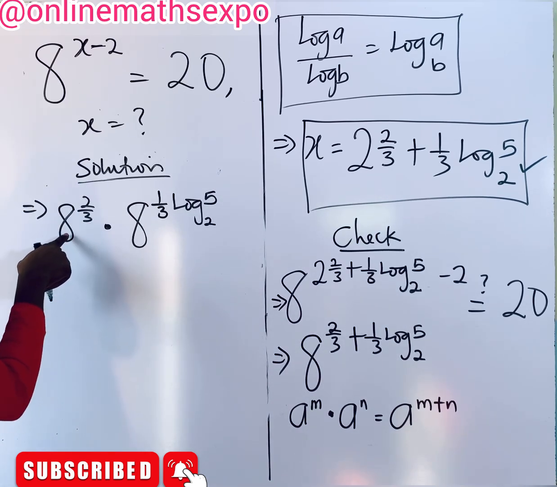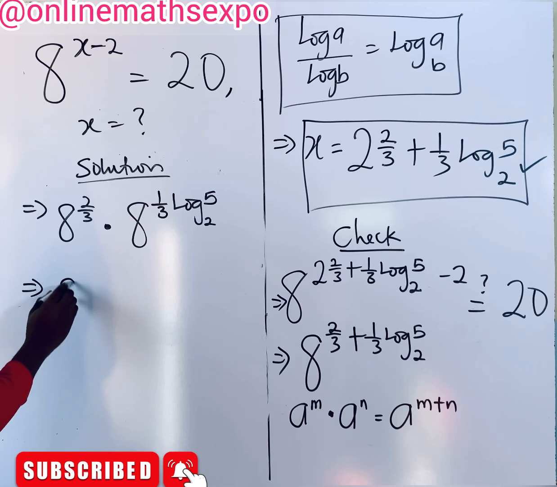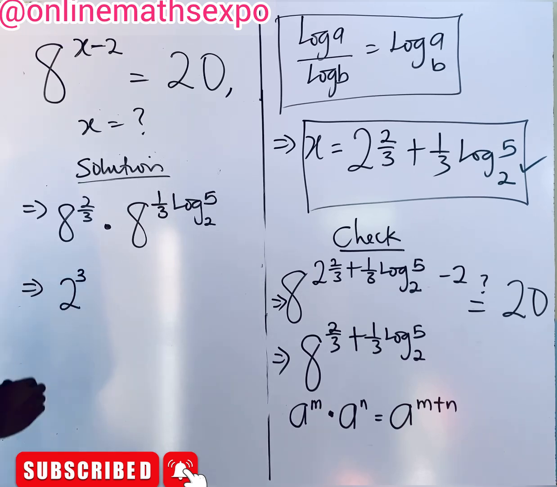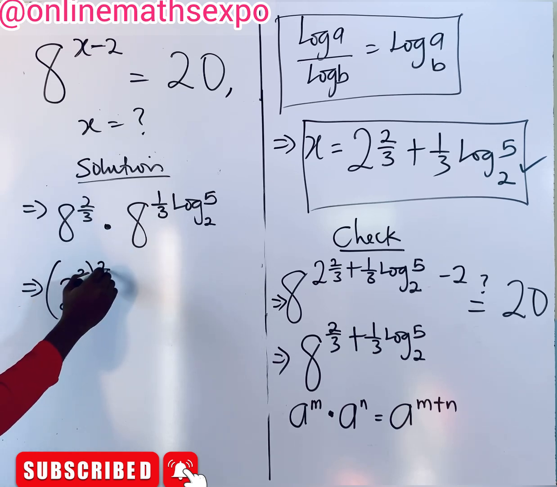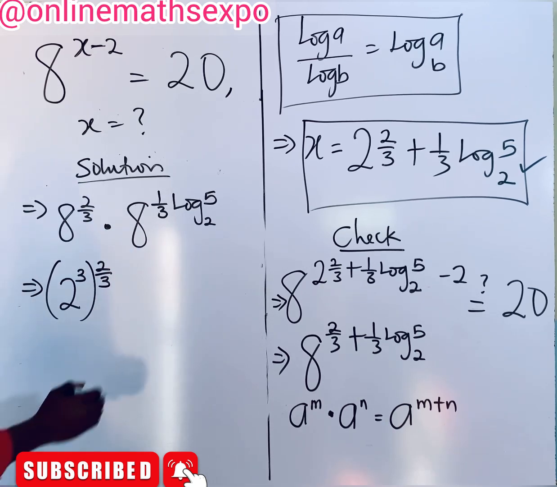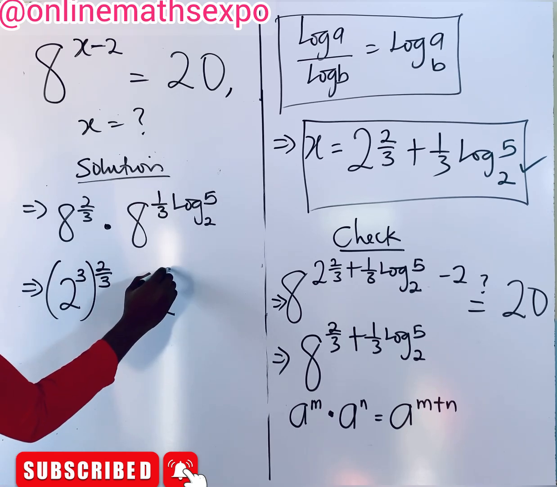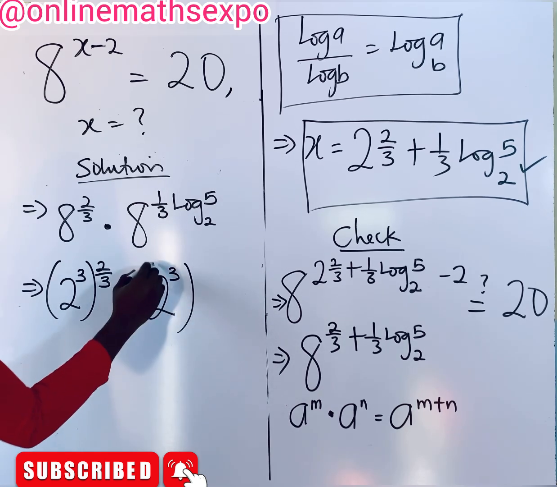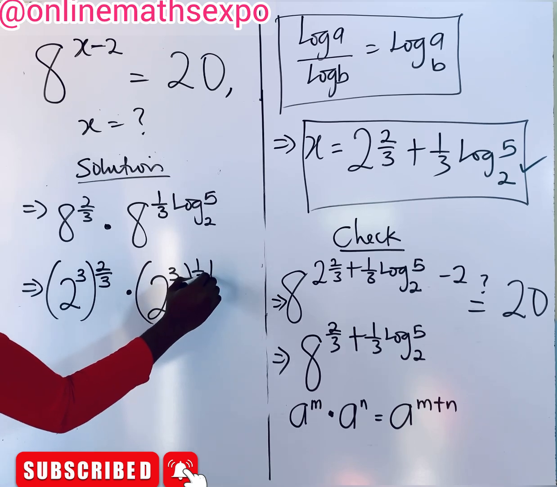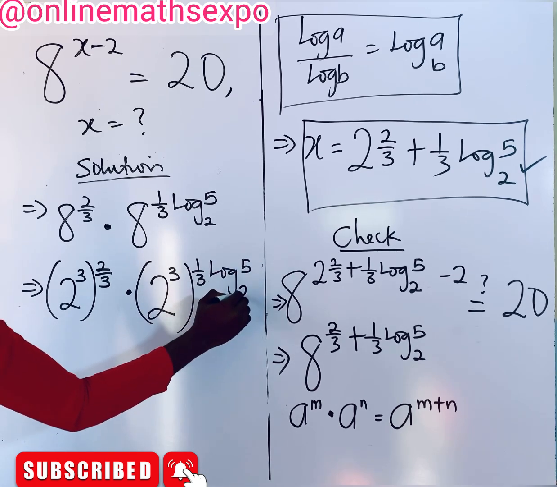When you have something, remember this is 8, and 8, like we said, is 2 to the power of 3. Okay, replacing 8, then we have it raised to the power of 2 third. Then multiply by, for this is also the same as 2 to the power of 3, then raise it to the power of 1 third of log of 5 base 2.